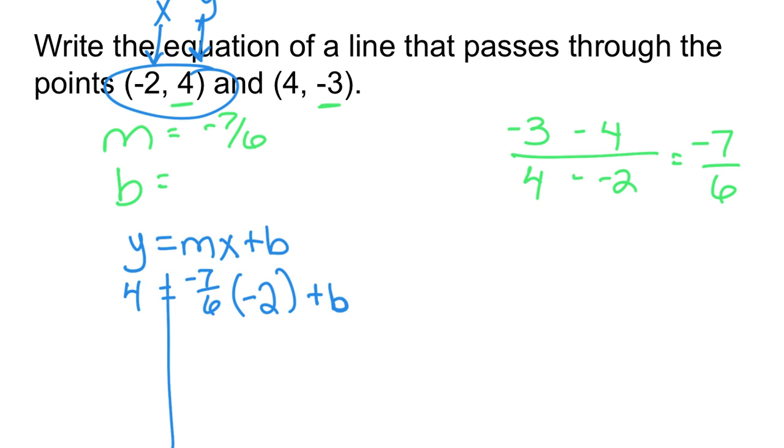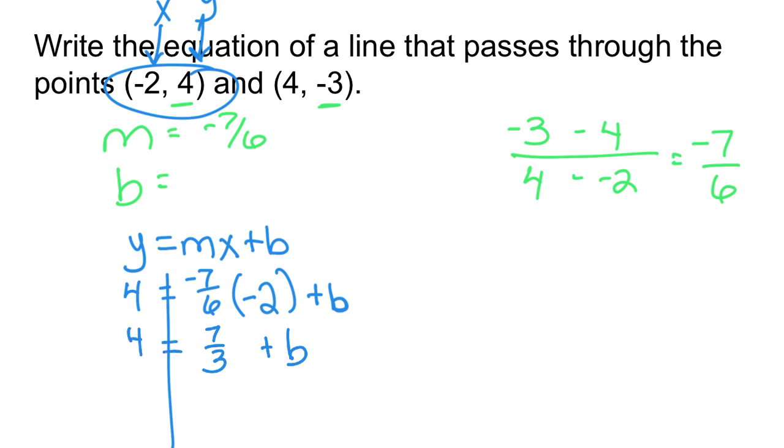So I'm going to multiply to start with the negative 7 over 6 times the negative 2 and get positive 14 over 6, which comes out to be 7 over 3. And you could use a calculator for that if you and fractions are not friends. This side is still 4. I'm just bringing that down.